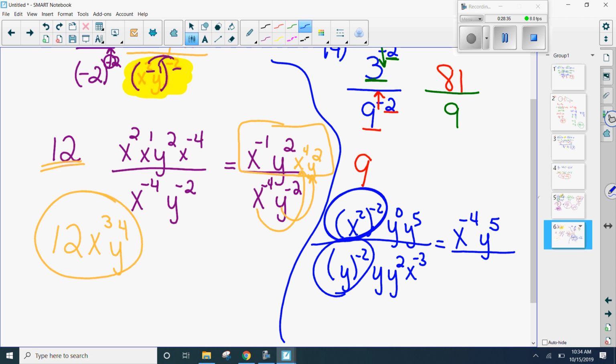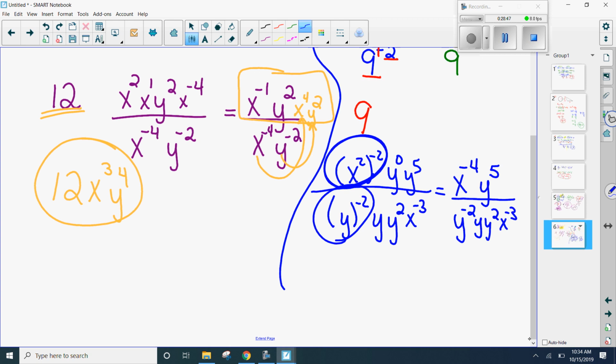Down here, this is what? Y to the negative 2nd. Then you have y squared, x to the negative 3rd. So the numerator is x to the negative 4th, y to the 5th. What's the denominator become? You add these together and you just get y to the 1st, x to the negative 3. What do you do next?